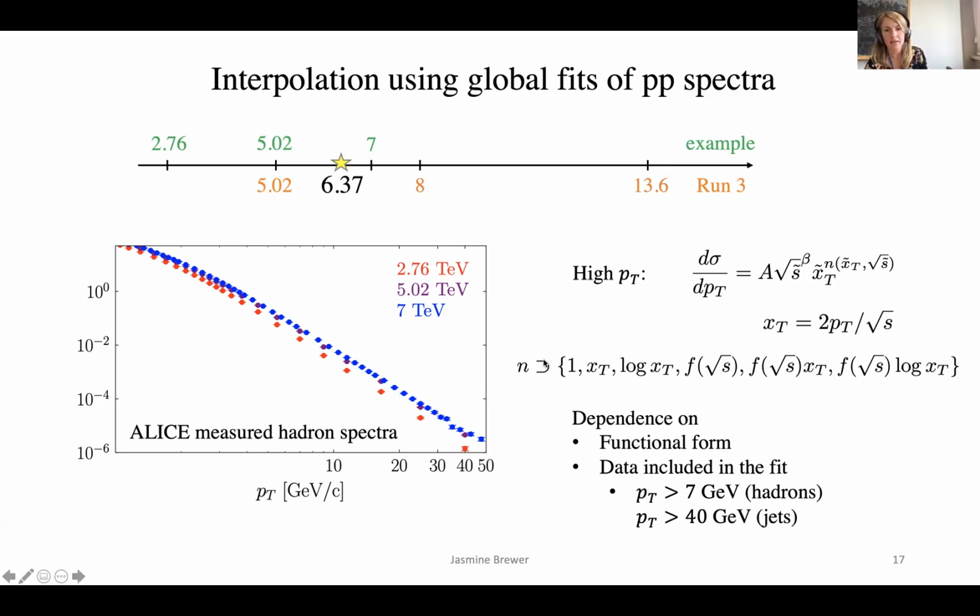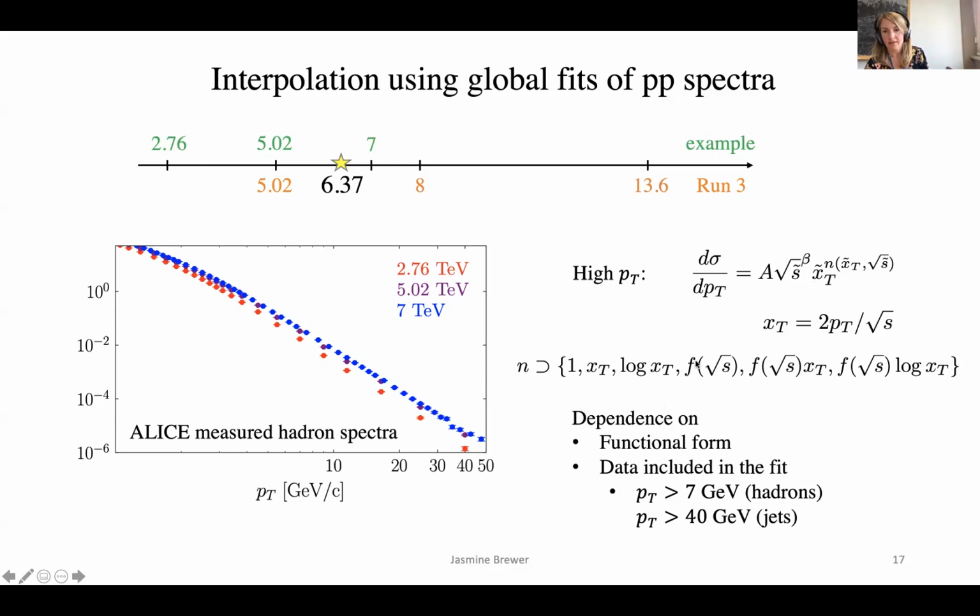So we consider this exponent n to have a variety of dependencies on the dimensionless quantity xT, as well as some functions of root s, which generally we take to be either linear in root s or linear in the log of root s, and then study the dependence on the functional form.